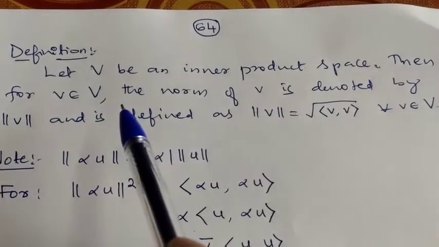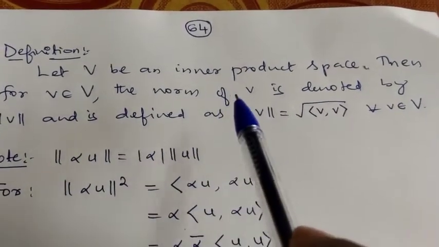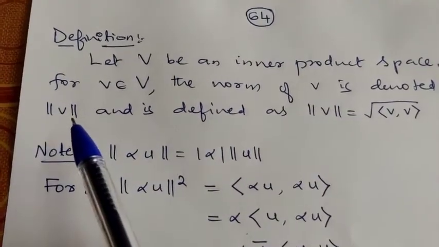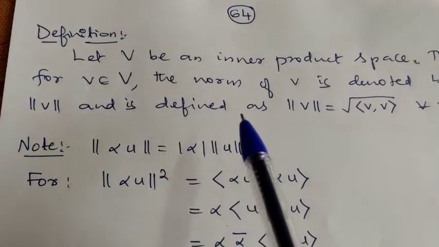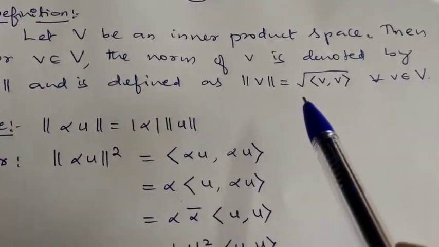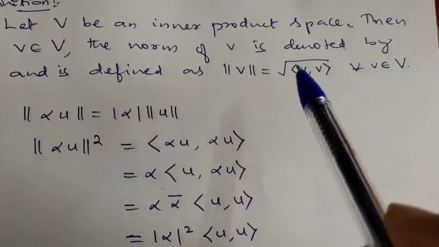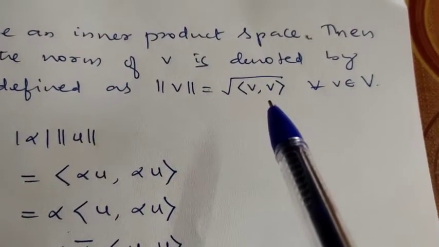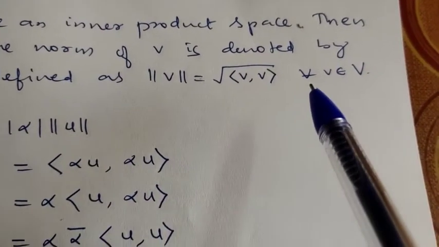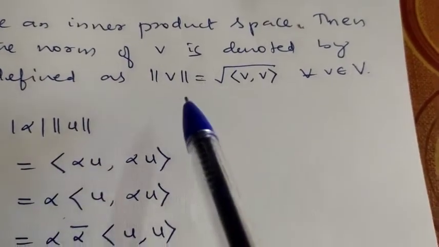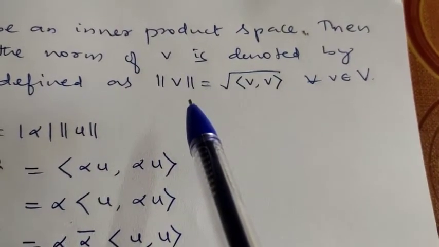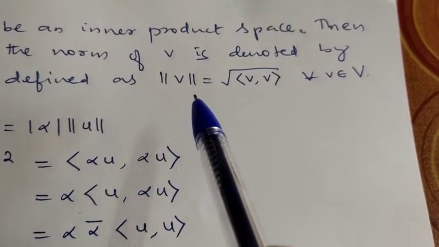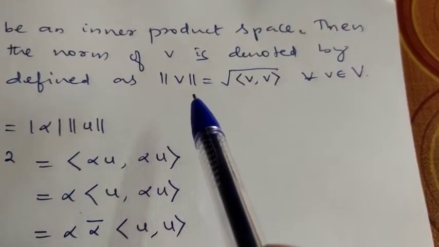Then for the element v in V, the norm of v, or the length of v, is denoted by this symbol, and is defined as the norm of v equal to the square root of the inner product ⟨v, v⟩, or ⟨v, v⟩ to the power of 1/2, for every v belonging to V. So the norm of v denotes the length of the vector. The norm of u minus v denotes the distance between u and v.